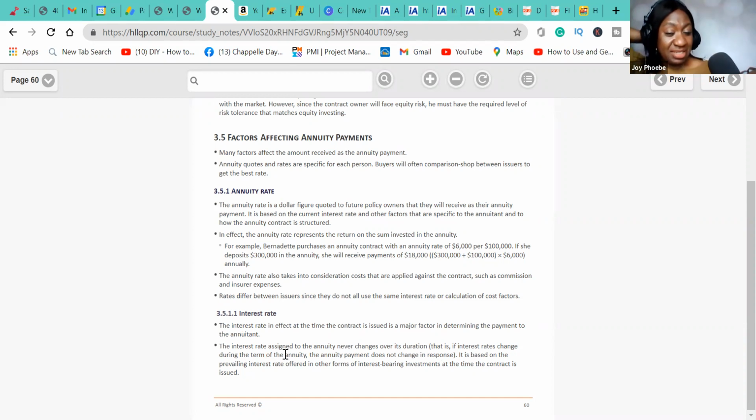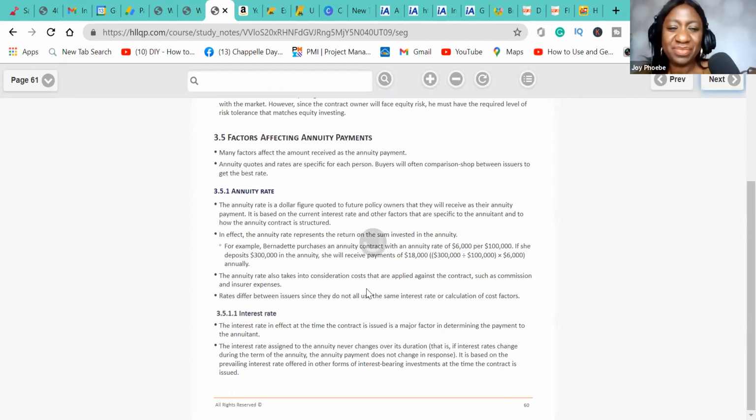So the interest rate at the time of the contract being settled is a major determinant of how much you'll be getting on a continuous basis. The interest rate assigned to the annuity never changes over its duration. That is, if interest rates change during the term of the annuity, the payment does not change in response. Wow.